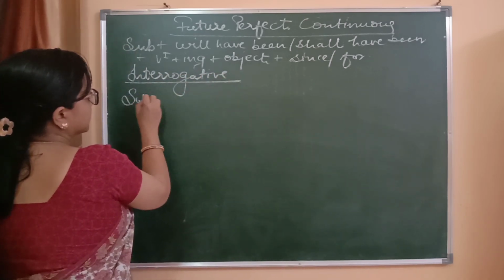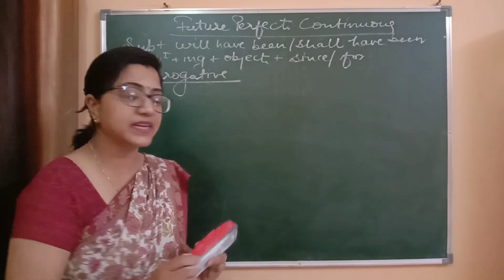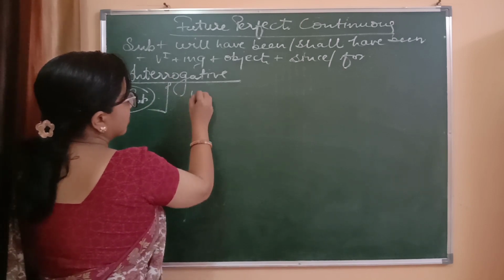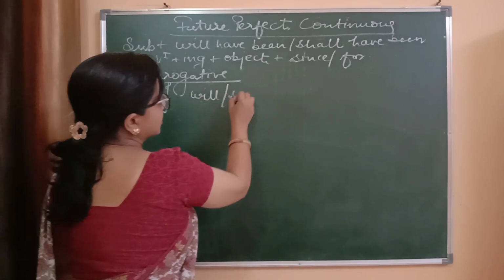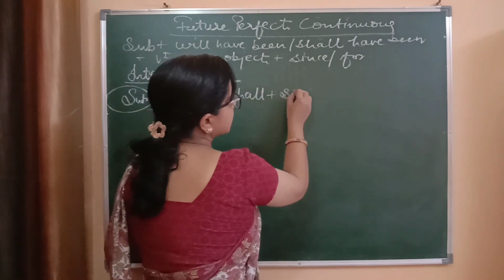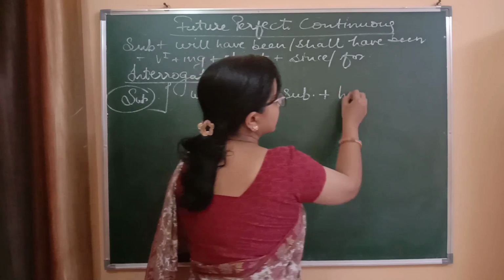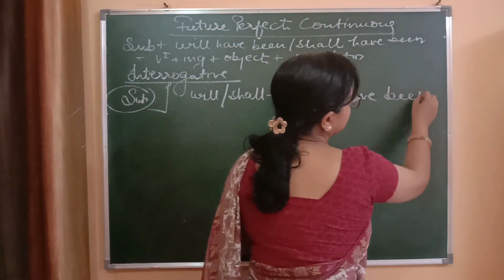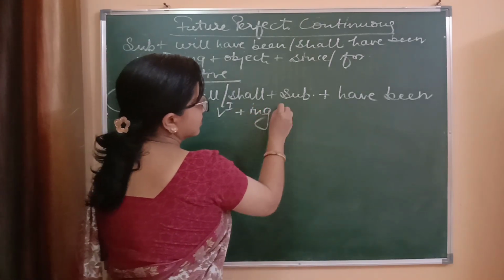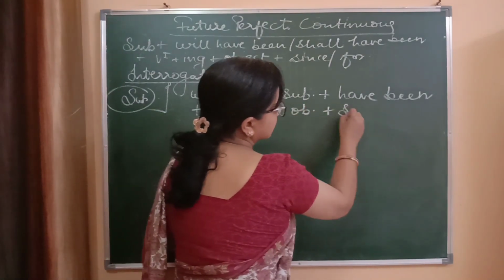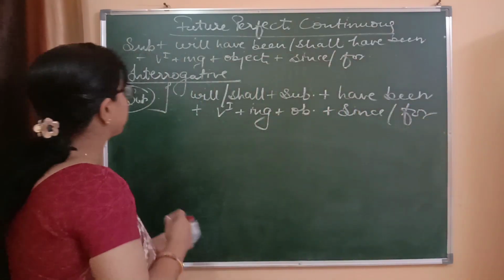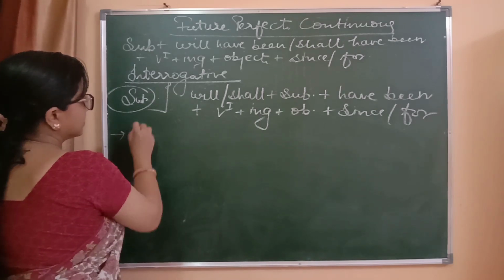Subject you have to add in simple and negative, but in interrogative, will or shall in first method of interrogative plus subject plus have been, right, plus base form ing, object, since and for according to the time. Sentence.